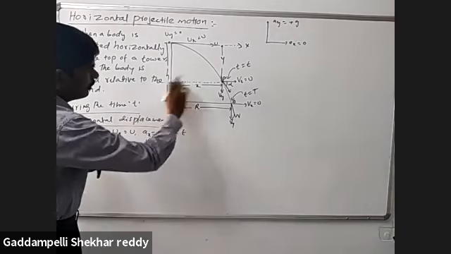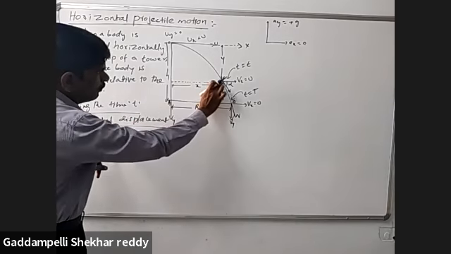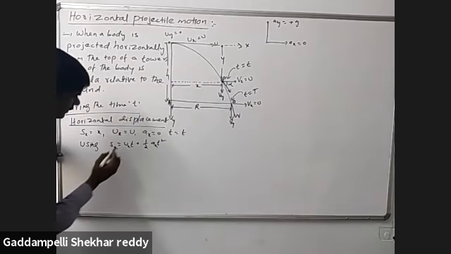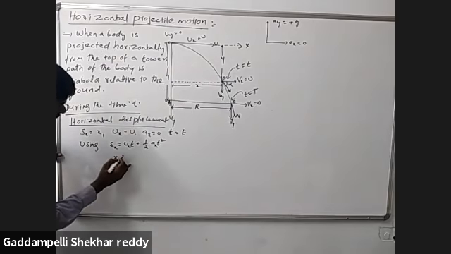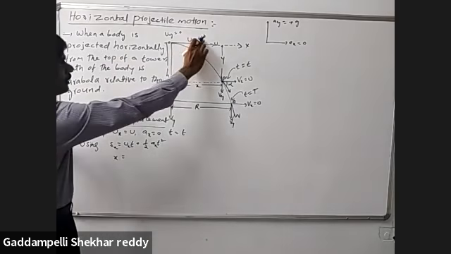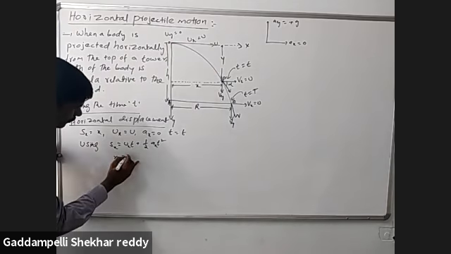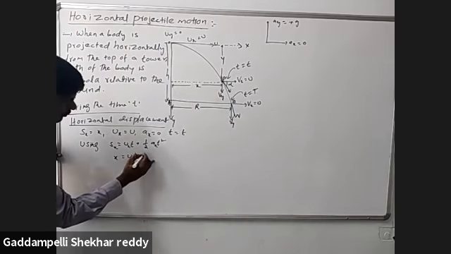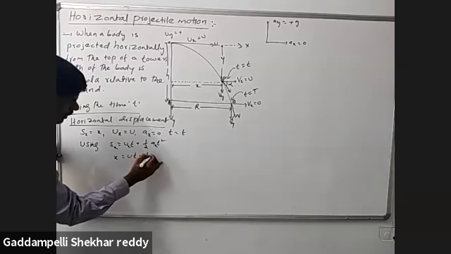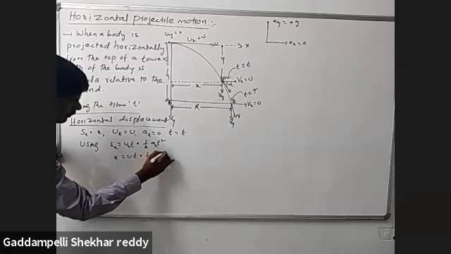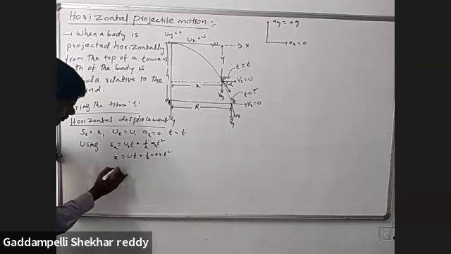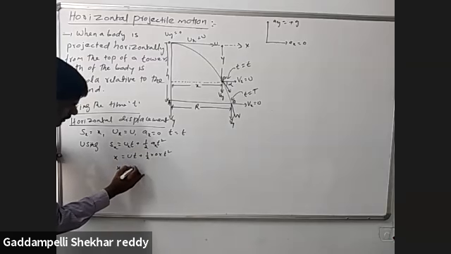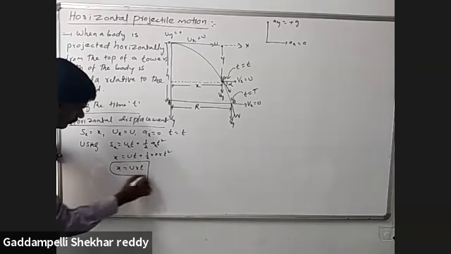Sx is the distance from the tower to the point P, which is x. So x is equal to u into t plus half of ax, which is 0, into t square. That means x is equal to u into t.